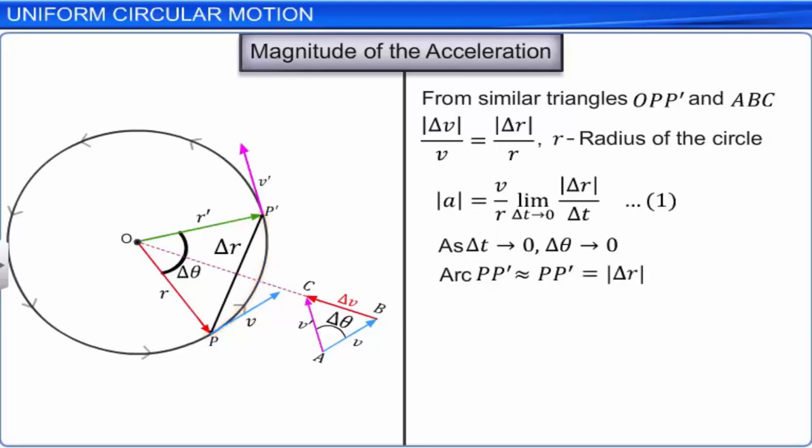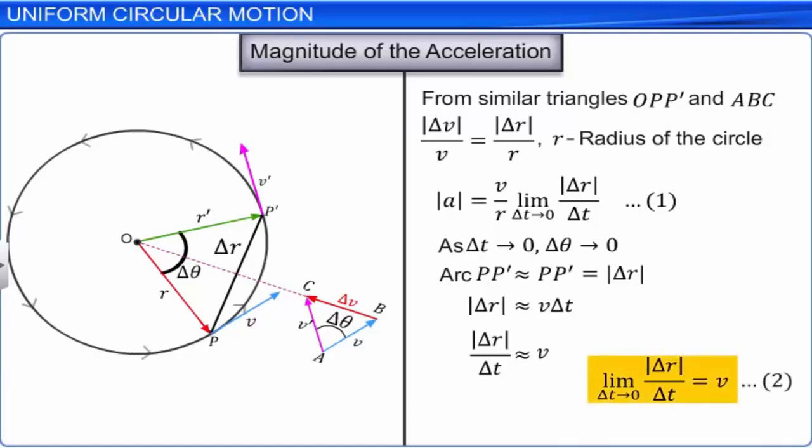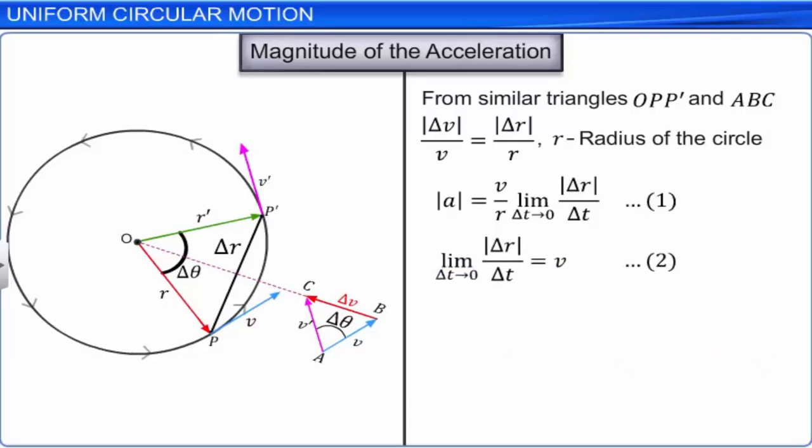This can be written as magnitude of delta r by delta t is approximately equal to v, which implies limit delta t approaches 0, magnitude of delta r by delta t is equal to v. Let this be equation 2. Substituting equation 2 in 1 and simplifying, we get a is equal to v square by r. Let this be equation 3.